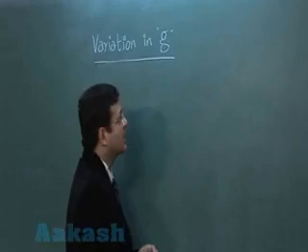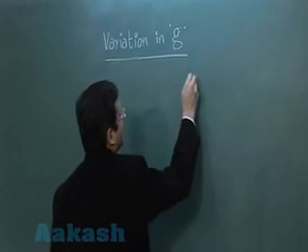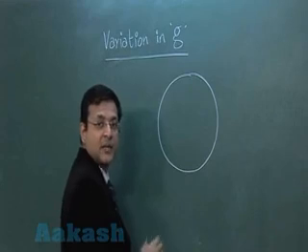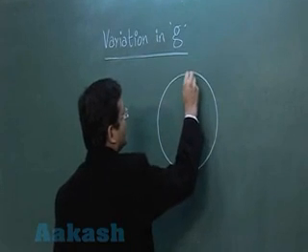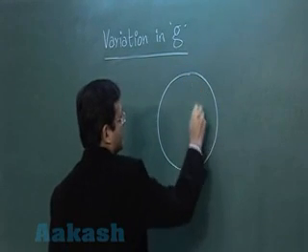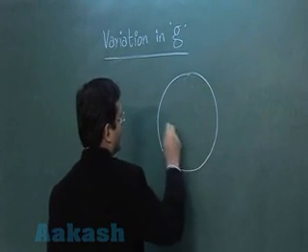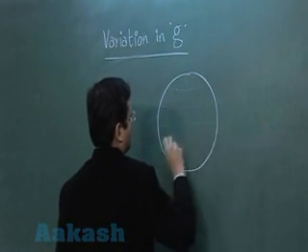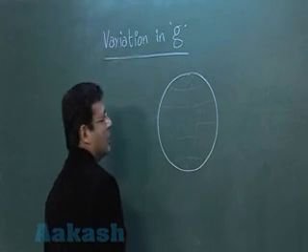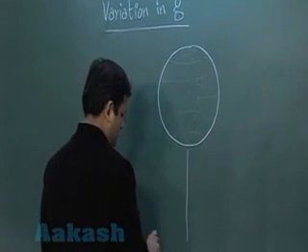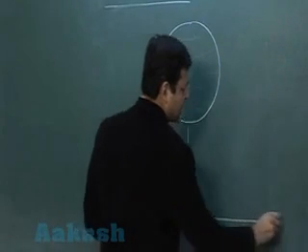Now essentially we are summarizing what is happening with depth and what is happening with altitude. For example, this was our earth. Consider that we are trying to plot the variation in acceleration due to gravity.